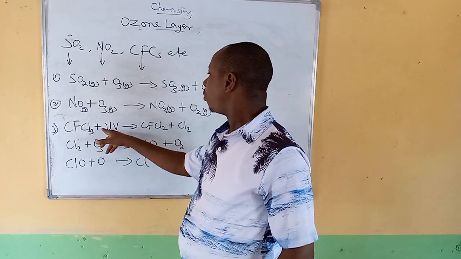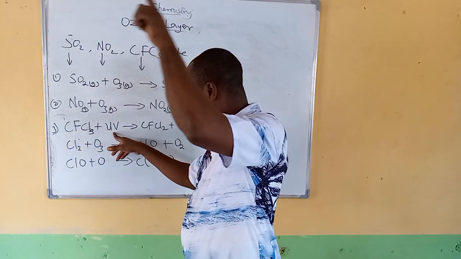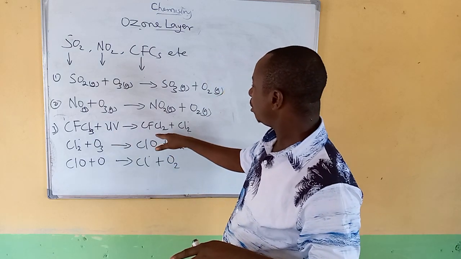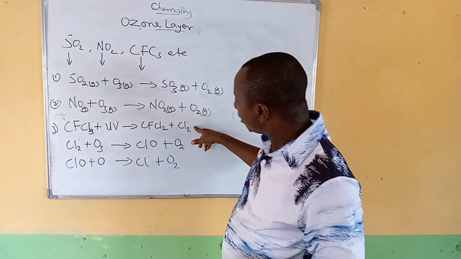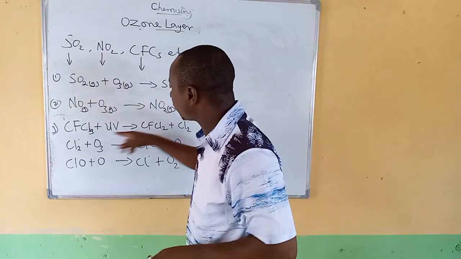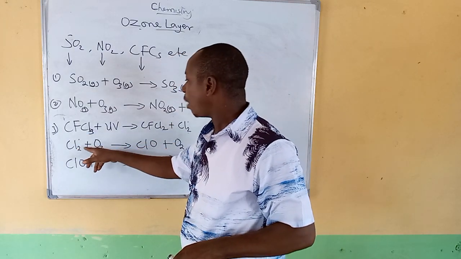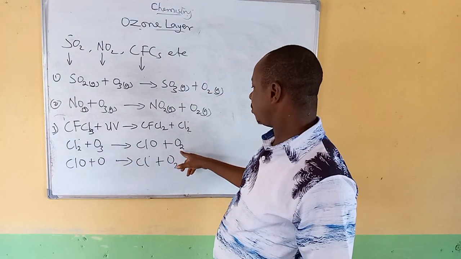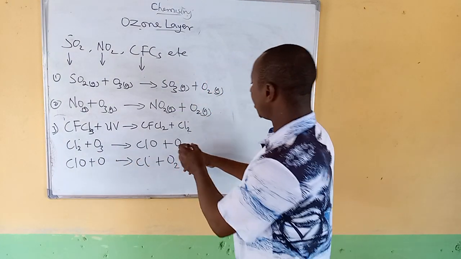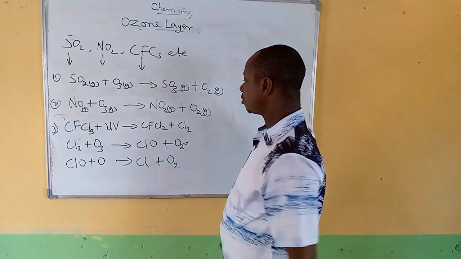This chlorofluorocarbon will react with ultraviolet light released by the sun. It will form this and release a free radical, which is chlorine. It is that chlorine released from chlorofluorocarbon that will attack ozone. And once it attacks ozone, it will form this. Have you seen it release ordinary oxygen? This is ordinary oxygen.